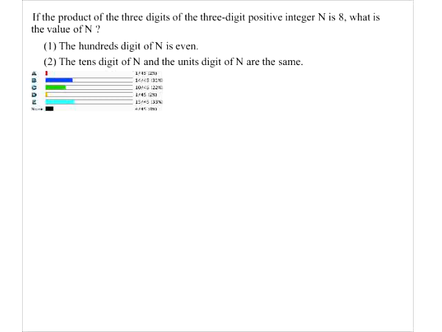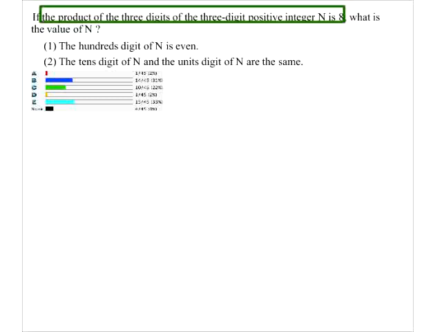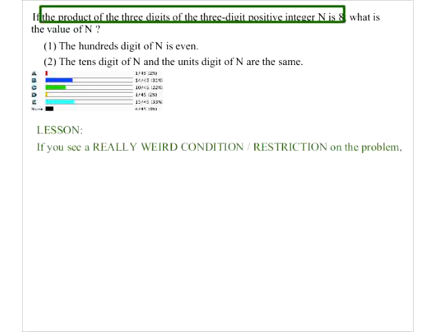This is an awfully weird restriction. I mean, how often do you multiply the digits of a number, right? So the lesson here is, if you see a really weird condition or restriction on the problem, and you can tell that there aren't many possibilities, what do you think you should do?